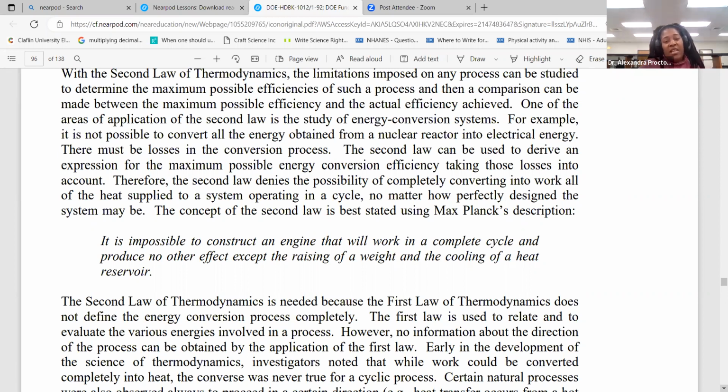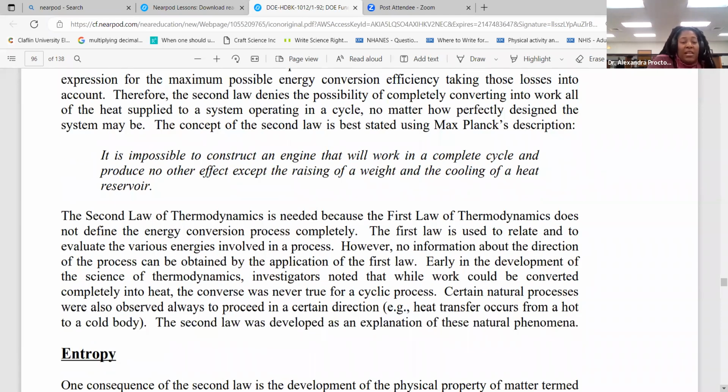So the second law is needed because the first law of thermodynamics does not define the energy conversion process completely. The first law is used to relate and to evaluate various energies involved in the process. However, no information about the direction of the process can be obtained if you're using the first law.